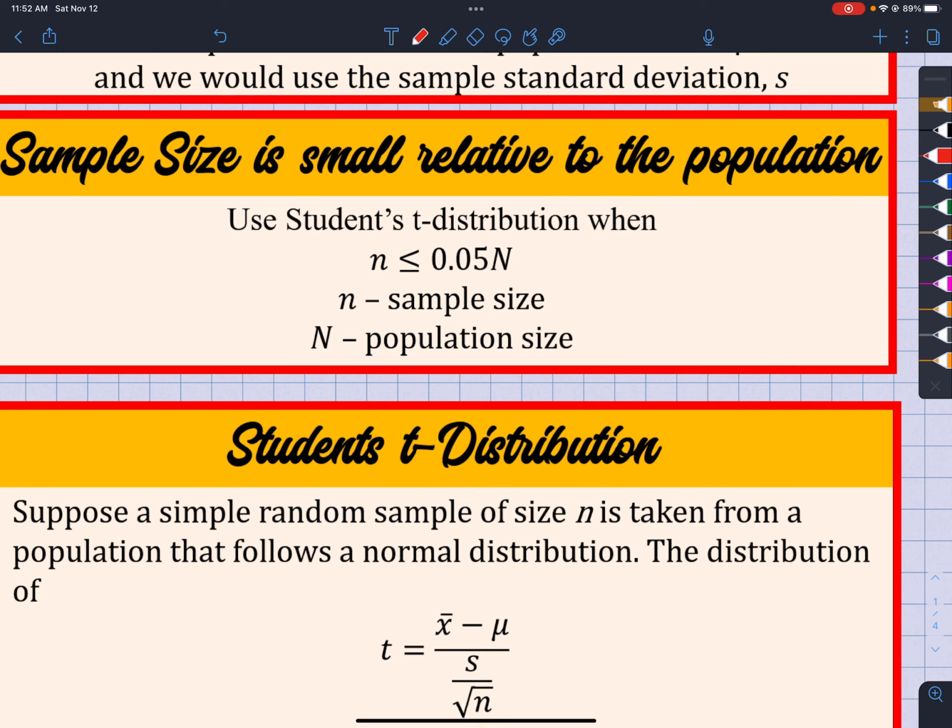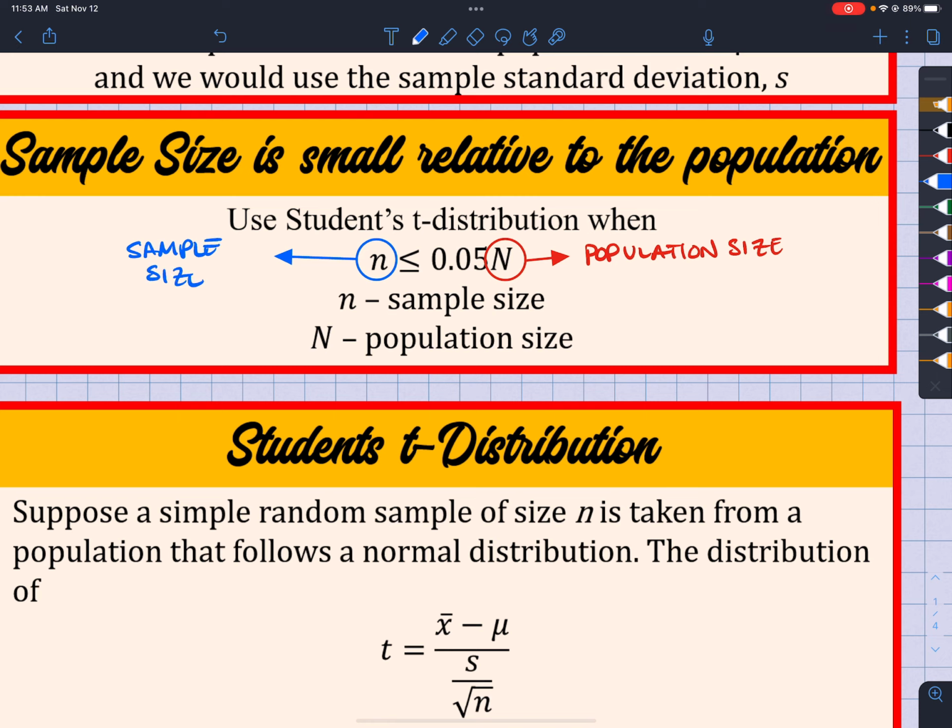Just so you know, big N is the population size, in terms of number of data for the population, while lowercase n is the sample size. Okay, so that's what we got to understand.